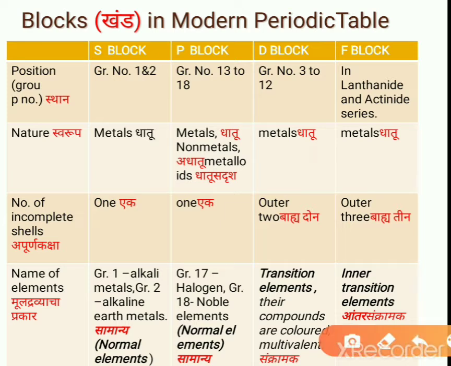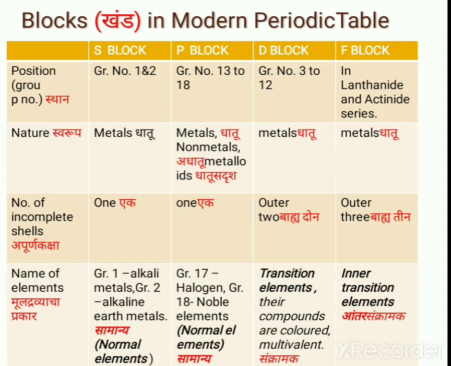Now F block elements. These F block elements are present at the bottom of the modern periodic table. They are called the lanthanide and actinide series. All these are metals. Their outermost three shells are incompletely filled, and they are also known as inner transition elements.